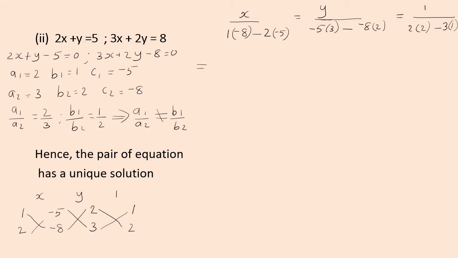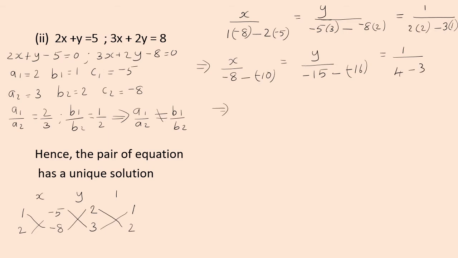This you can write as x upon 1 multiplied by minus 8, that is minus 8, minus 2 multiplied by minus 5, that is minus 10, equal to y upon minus 5 multiplied by 3, that is minus 15, minus 8 multiplied by 2, that is minus 16, equal to 1 upon 4 minus 3 multiplied by 1 is 3.